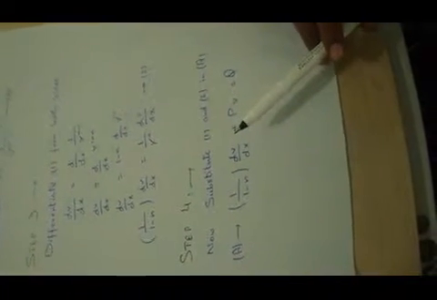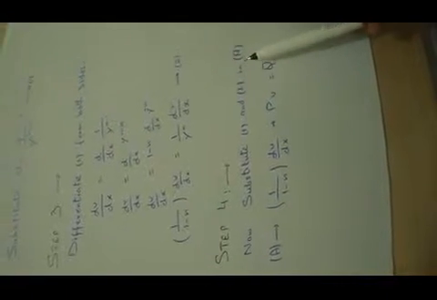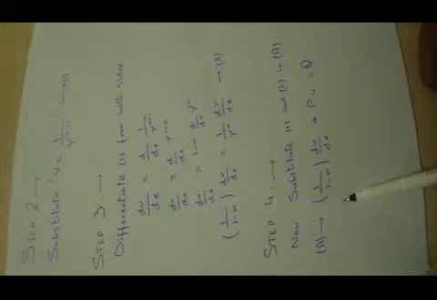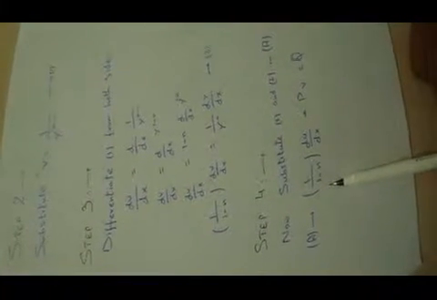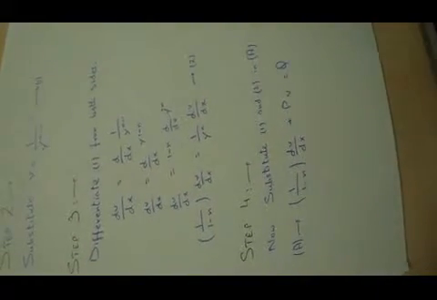Step 4 is to substitute equation 1 and equation 2 in equation A. Therefore our equation A becomes 1/(1-n) dv/dx + Pv = Q.